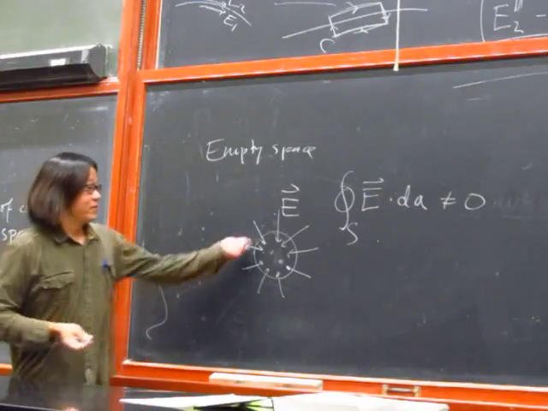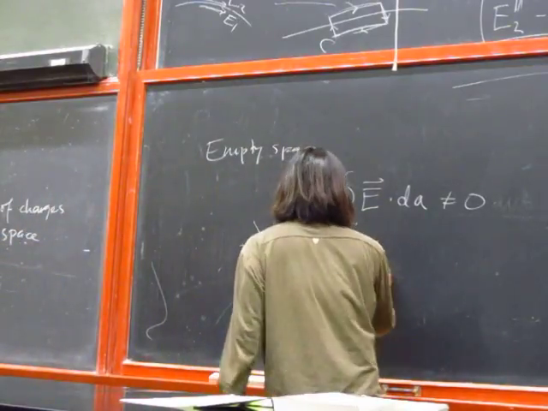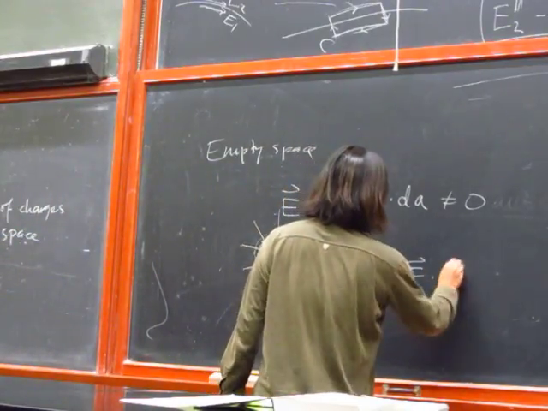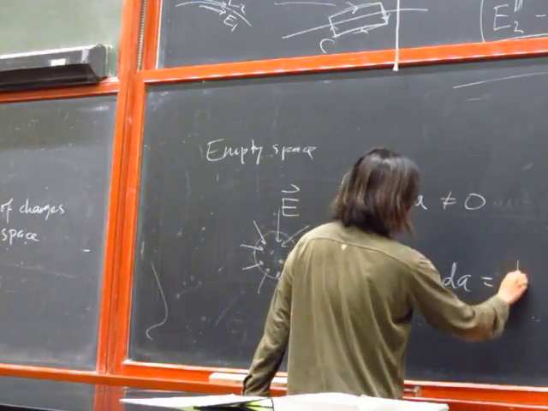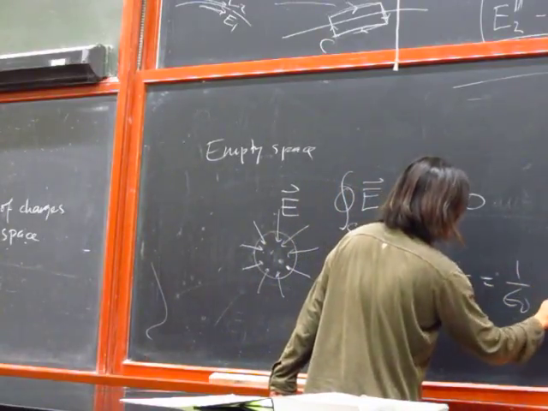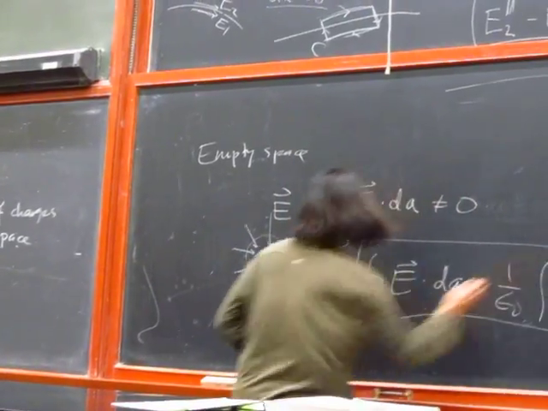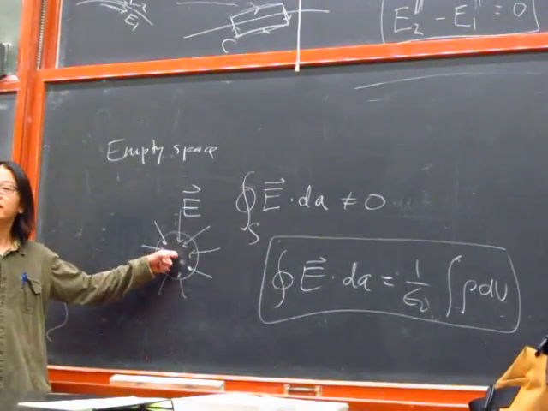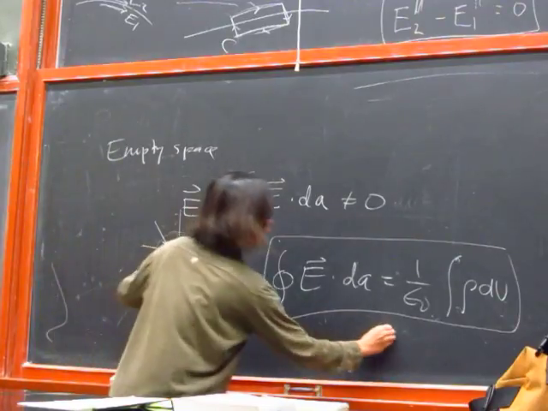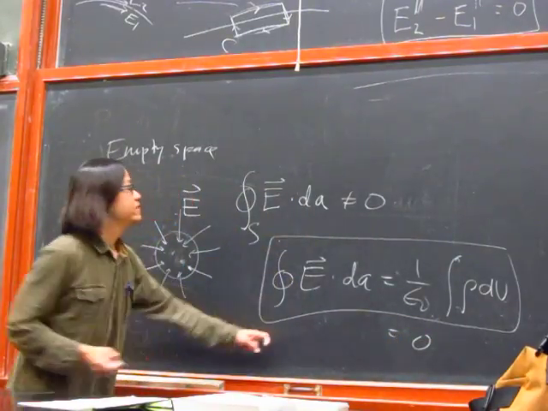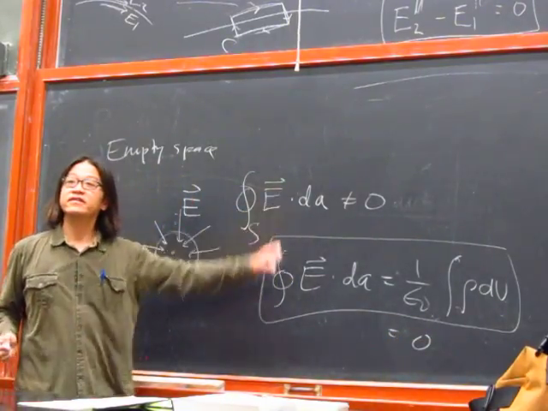But Gauss's law says that it has to be equal to 1 over epsilon naught times the enclosed charge. But there are no charges inside, so this has to be equal to 0. So what you have is a contradiction.